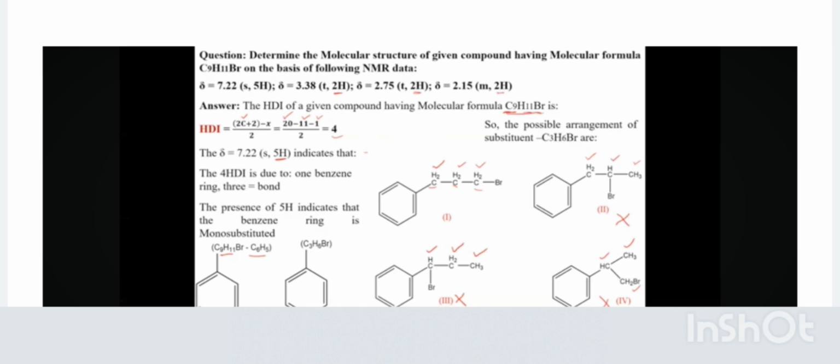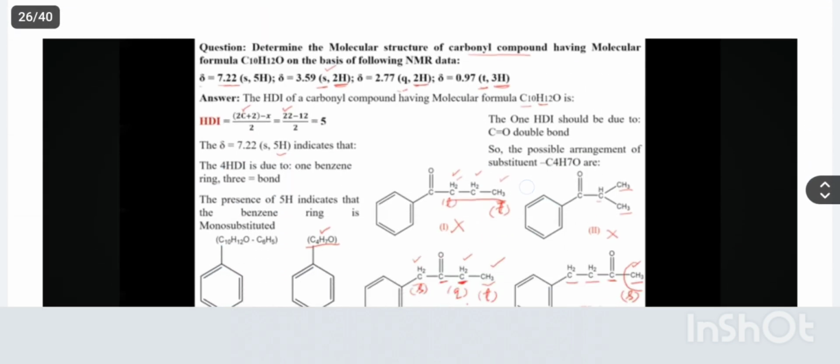The presence of 5H indicates that the benzene ring is mono-substituted. So the possible arrangements of C3H6Br are given below. δ = 3.38, δ = 2.75, δ = 2.15 indicate the answer structure.